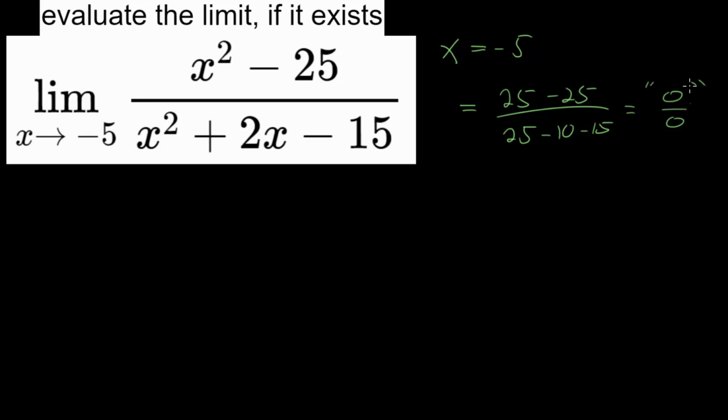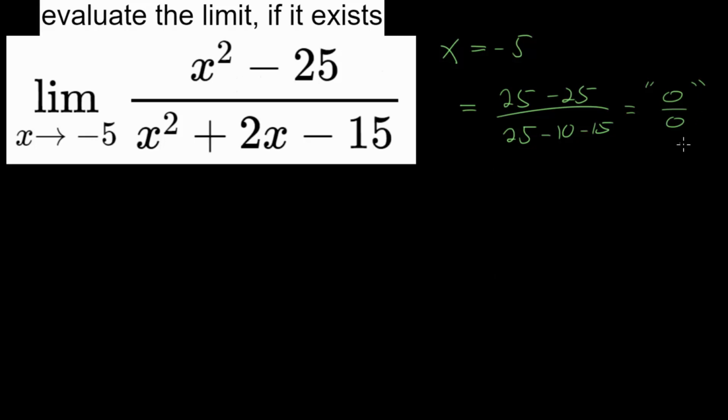Now, if you end up with 0 divided by 0, this is what's called an indeterminate expression. We can't really make sense of what's going on. There are several of these indeterminates, but at this point, there are two different approaches we can take. We can manipulate this algebraically and see if we can make some type of simplification.